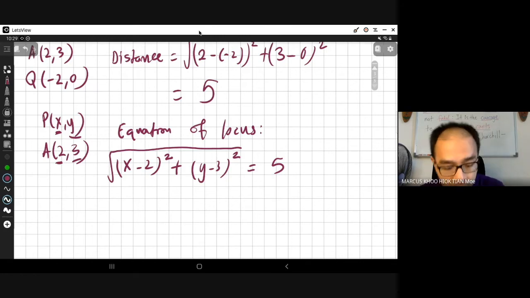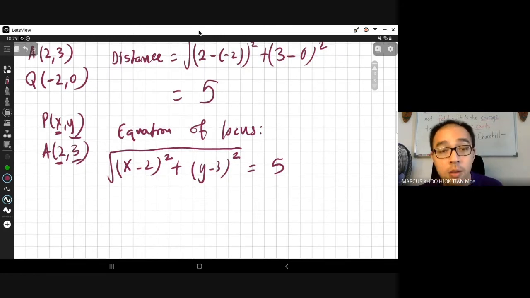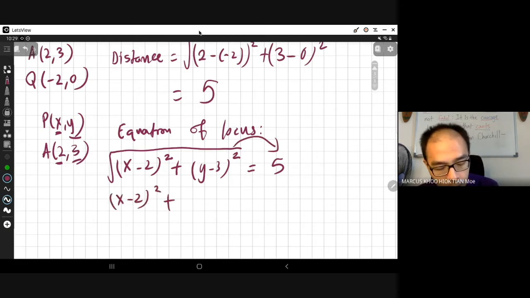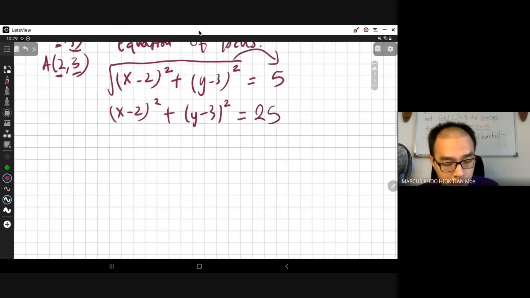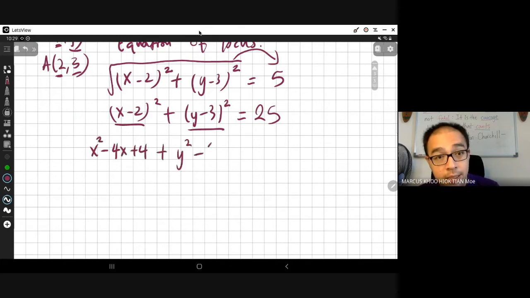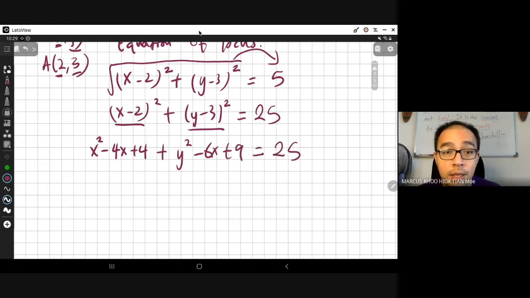What is the first step we do? The first step is we move the square root over here, so it becomes (x minus 2) squared plus (y minus 3) squared equals 25. Then expand. So this is x squared minus 4x plus 4 plus y squared minus 6y plus 9 equals 25.